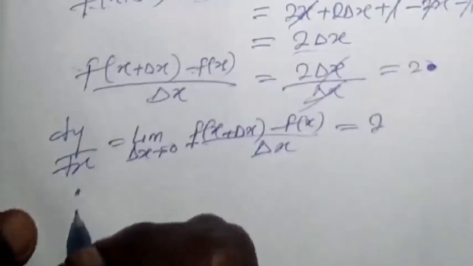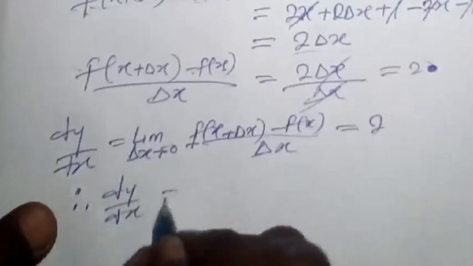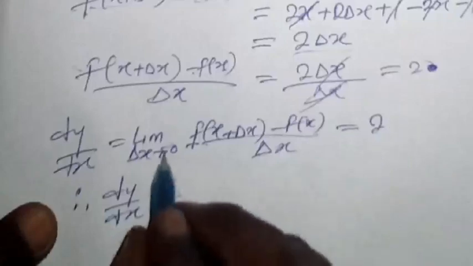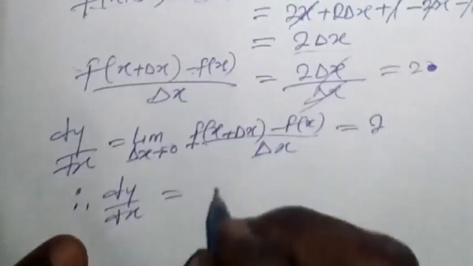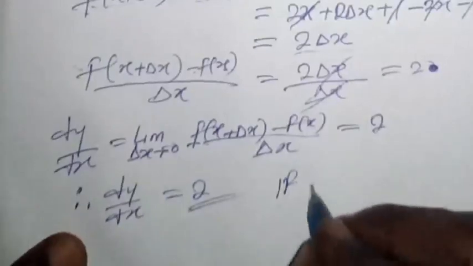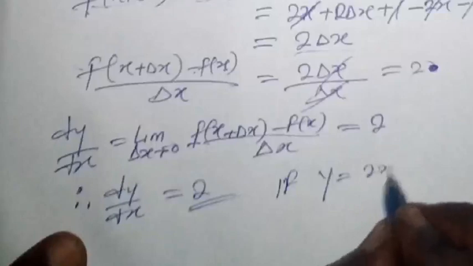Therefore, dy dx is equal to, as you can see, there is no delta x whereby we can substitute it with 0, so we just leave our answer with the constant. Therefore, our dy dx is the same thing as 2 if y equals 2x plus 1.